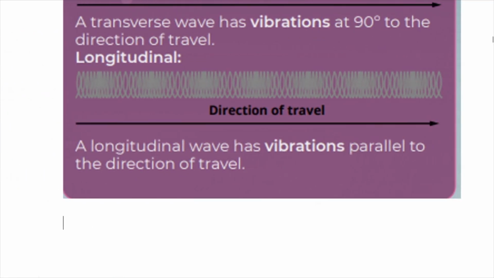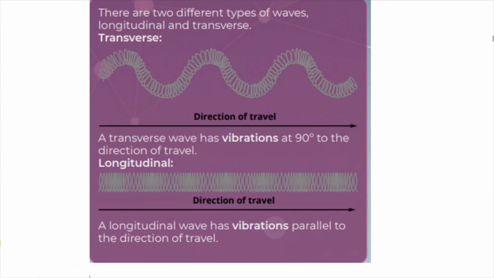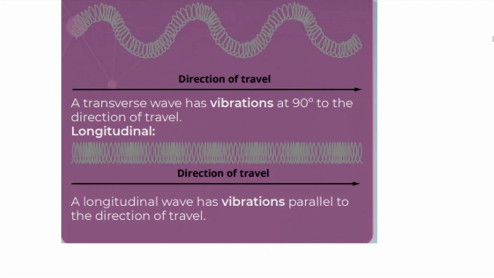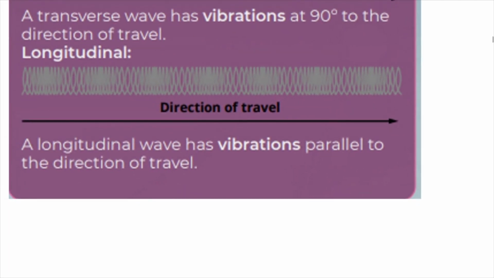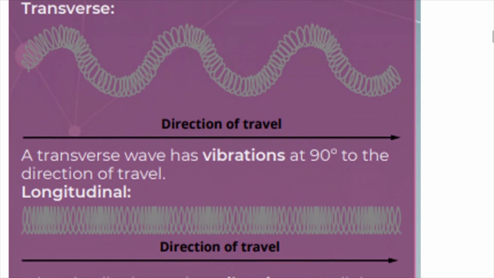So in summary, if we look at the two types of waves, the first type we looked at was a transverse wave, vibrations 90 degrees to the direction of travel. The longitudinal wave has vibrations parallel to the direction of travel. So transverse at the top.